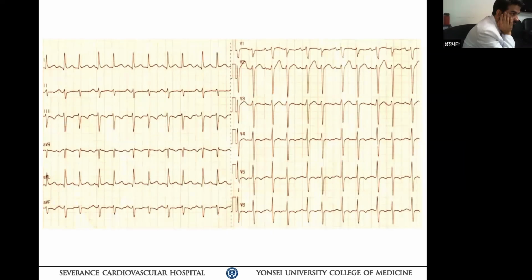And the hypothesis of 1 to 2 is very interesting. But I know that is a very rare phenomenon, and if the second, the premature QRS complex is coming from the P wave, then can you measure the PR interval?